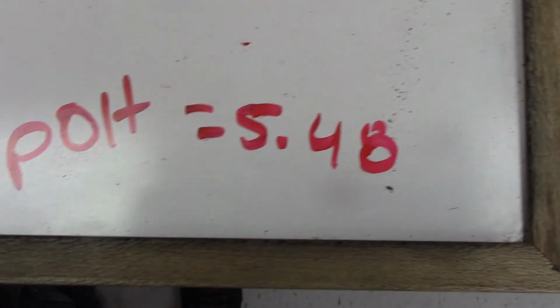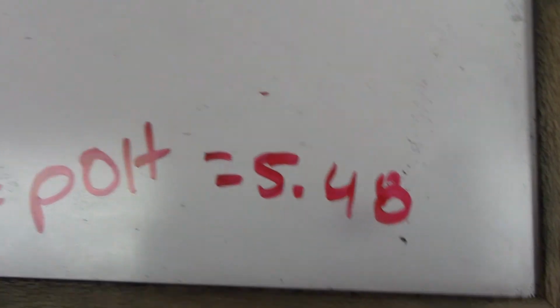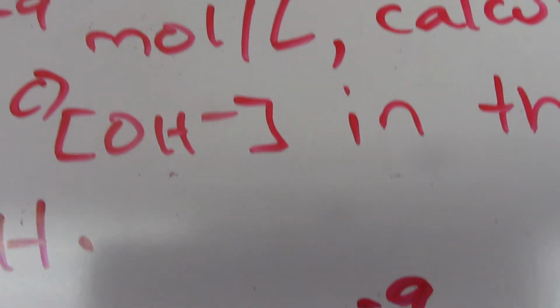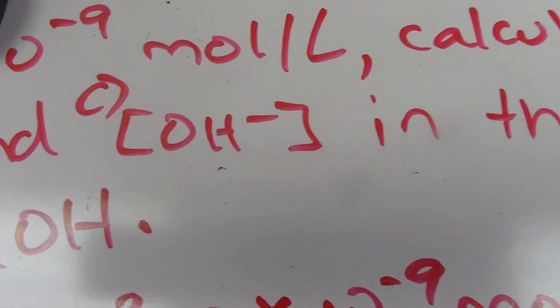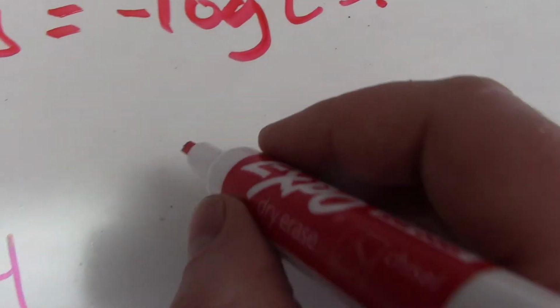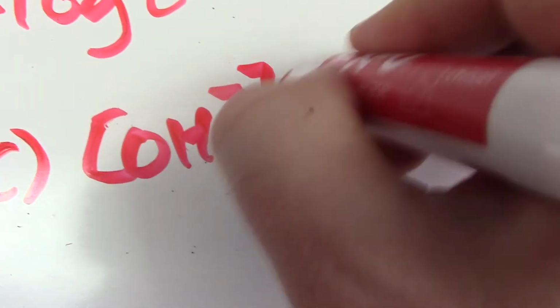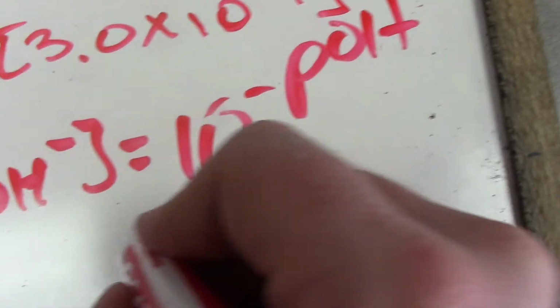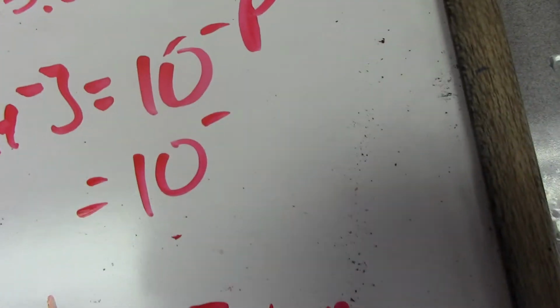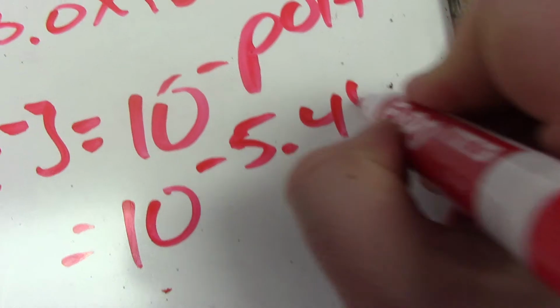But anyway, we have the pOH, and we can solve for the concentration of hydroxide. And we solve for the concentration of hydroxide the same way we'd solve for the concentration of hydronium. So the concentration of hydroxide equals 10 to the negative pOH. Okay? And that is 10 to the negative 5.48.